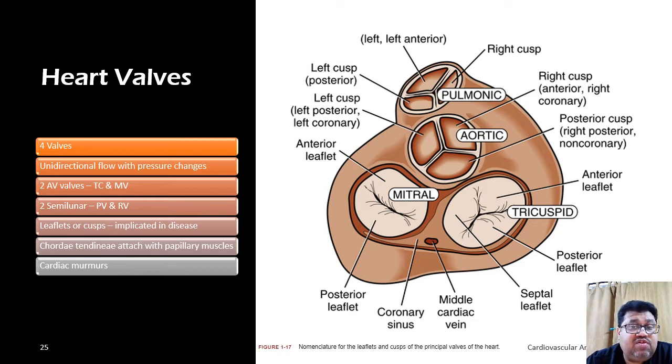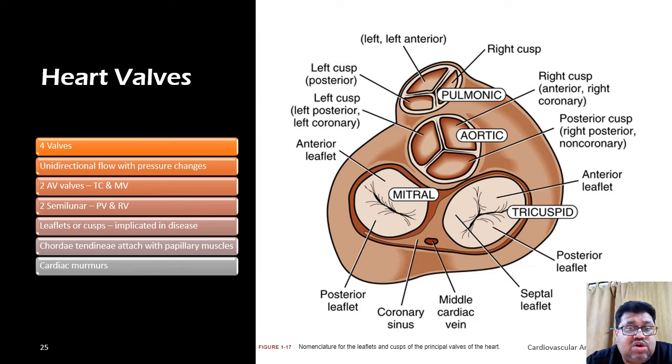The right atrioventricular valve has three cusps and therefore it is called tricuspid, whereas the atrioventricular valve on the left, which is the mitral valve, has only two cusps and therefore it is called bicuspid. These leaflets are attached to the papillary muscles of the myocardium by long string-like structures called chordae tendineae.